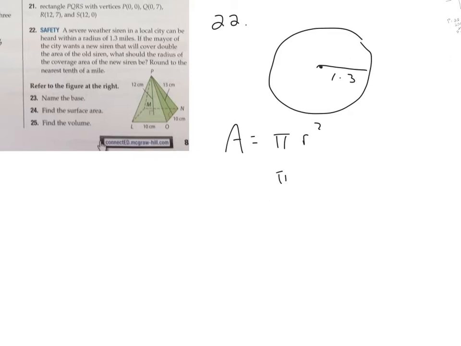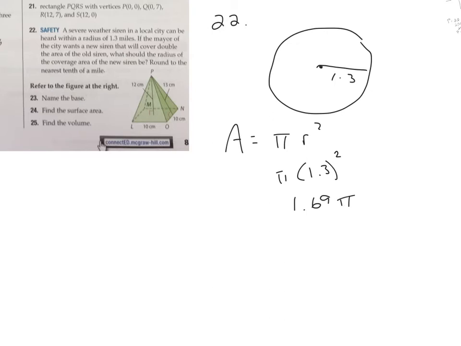So we have pi times 1.3 squared. Now, if you don't have a calculator, you would know that 13 times 13 is 169. So 1.3 times 1.3 is going to be 1.69. So we're going to have 1.69 pi.